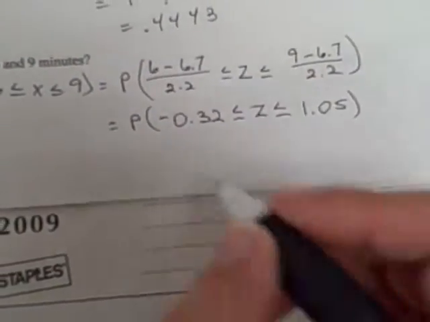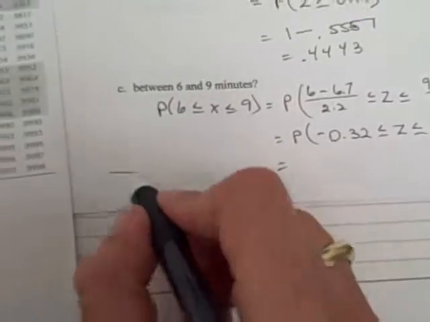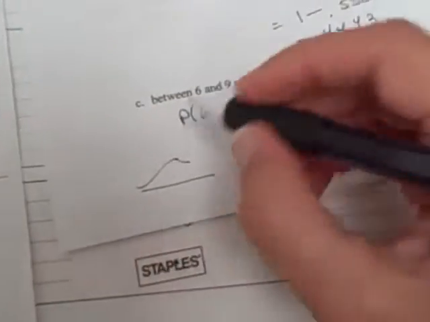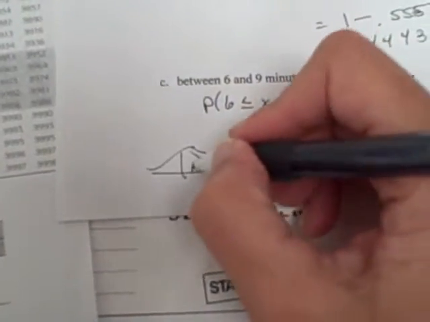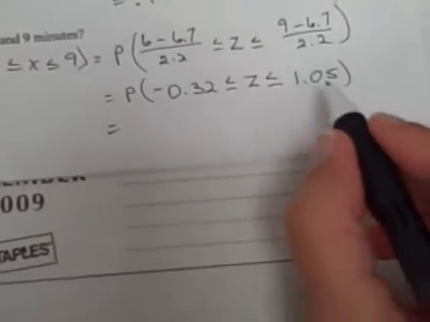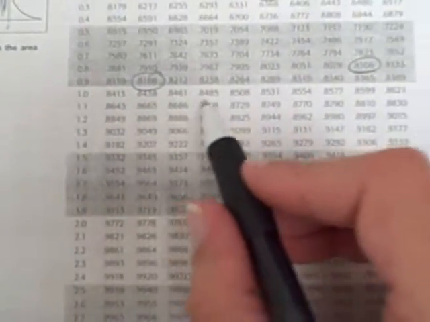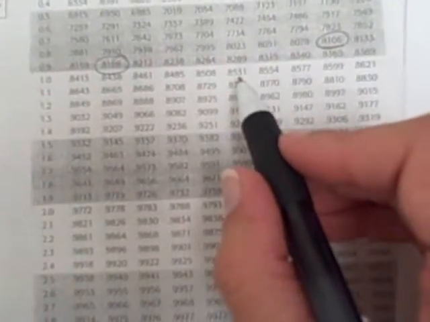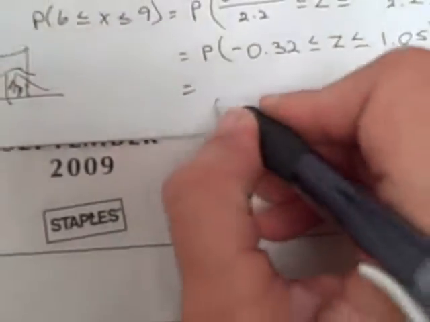All right, remember on the betweens, it's this big area minus the small area to the left. So I'm going to look up 1.05. 1.05 is 0.8531.